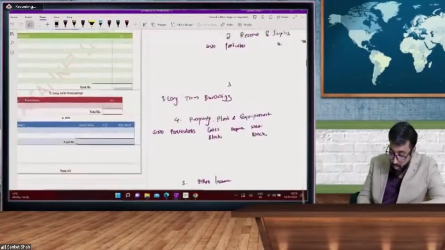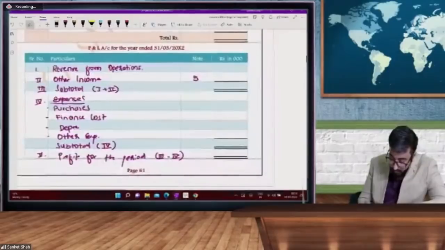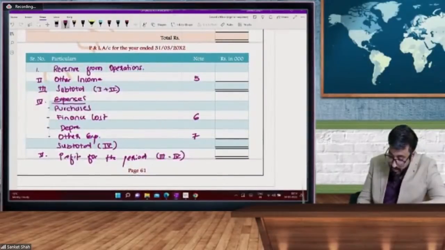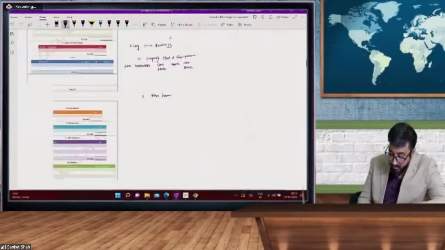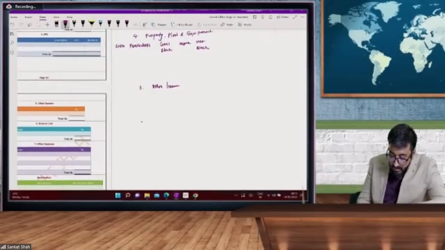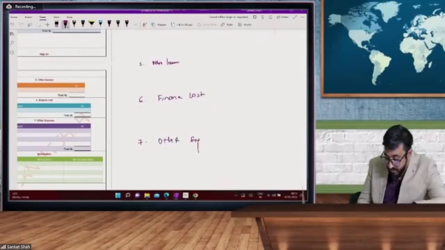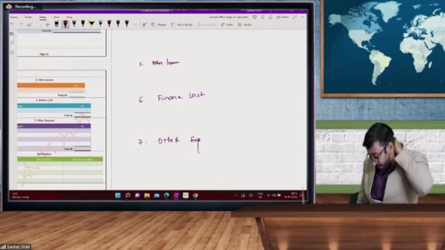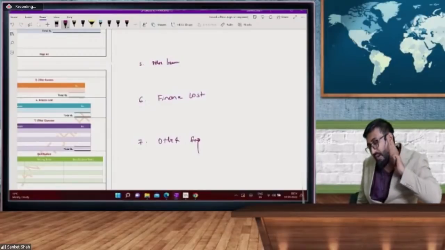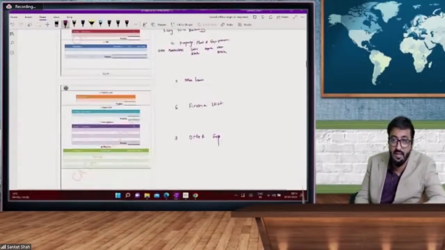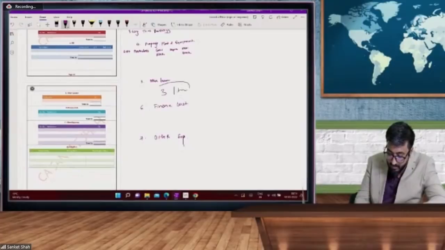Sorry, I forgot to take 6 and 7. Finance cost 6 and other expense 7. Other income 3 lines. Finance cost 3 lines. And after that 7 number, other expenses, 5 to 6 lines.